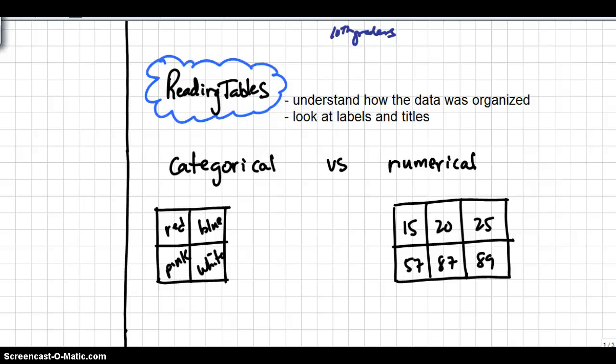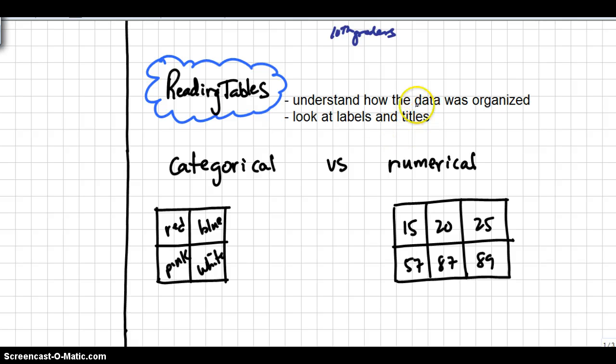When you're working with data, many times it's organized into tables, and those tables can be categorical or numerical in nature. One of the things that I would encourage students to do when they're working with tables is to not exclude looking at all the words that go with it.